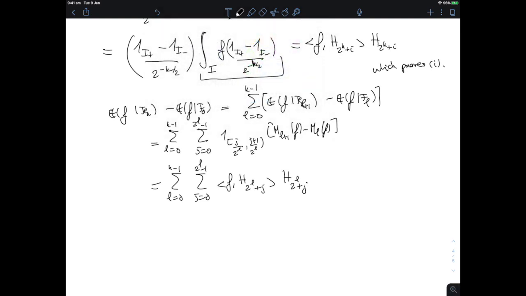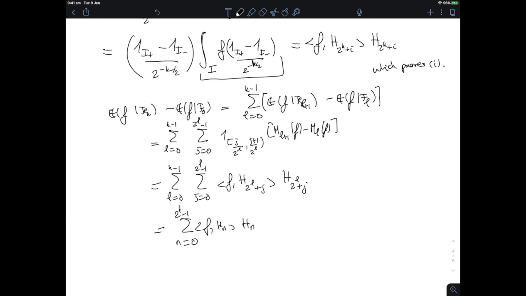So this is exactly equal to the sum from n starting at 1 and going up to 2 to the k minus 1 of the inner product of f with h_n times h_n. And that almost concludes the proof of the lemma.